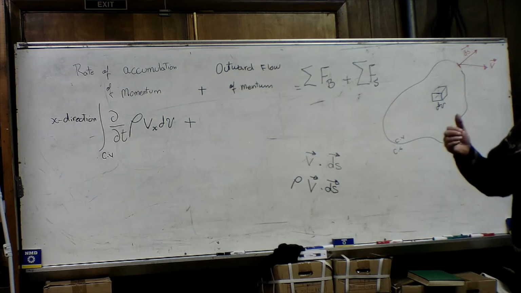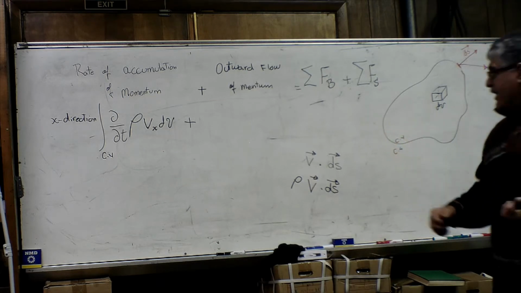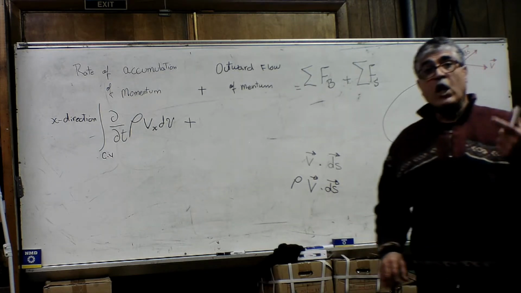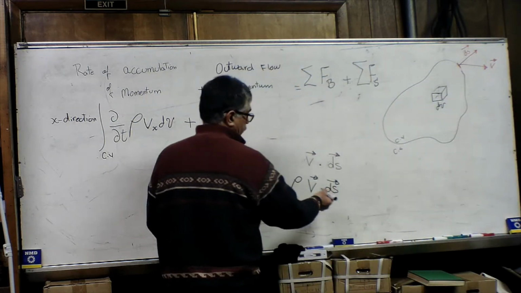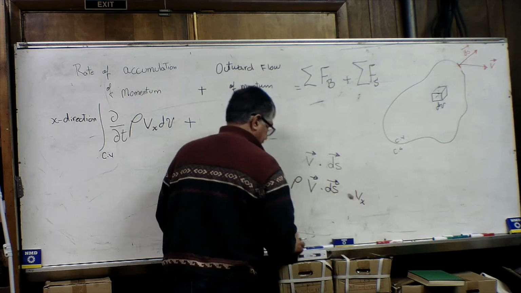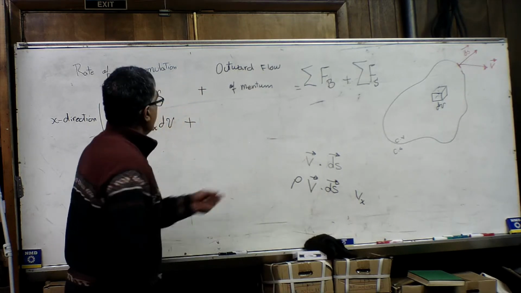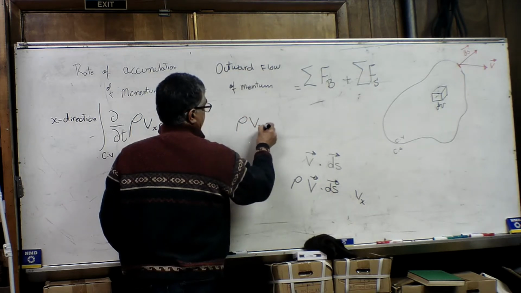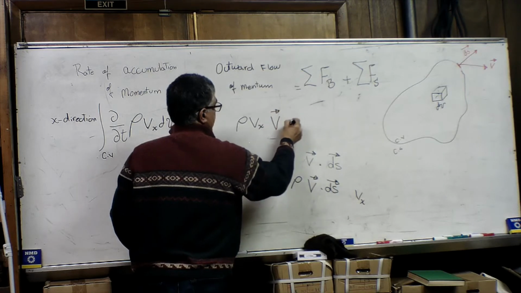So our momentum in the x direction out of that differential surface will be the mass flow rate multiplied by the velocity in the x direction from that differential surface. So it will be this multiplied by Vx. We can write that as rho Vx V dot dS.